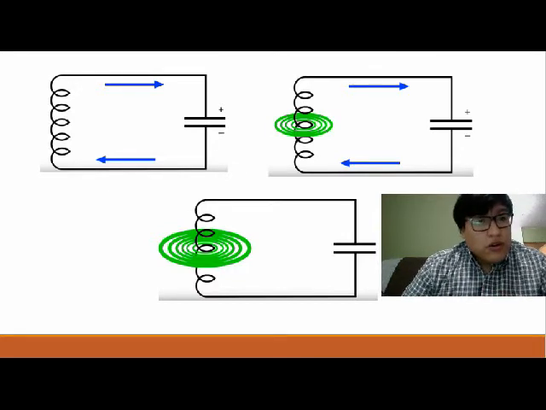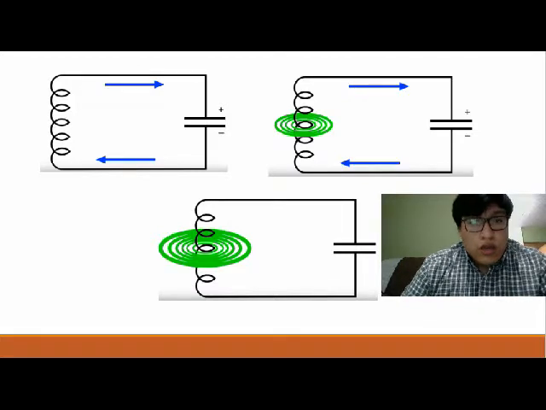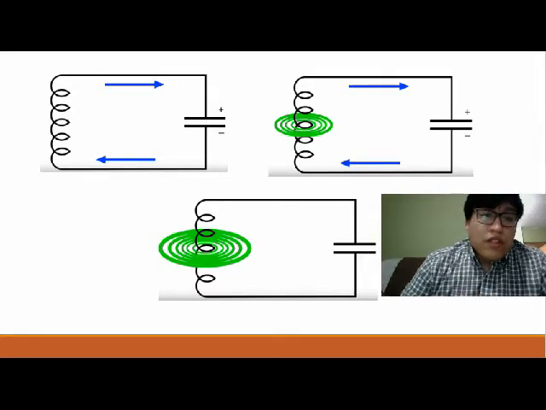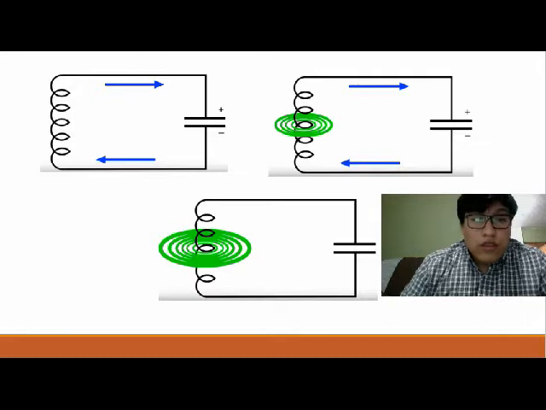Once the capacitor is done charging, it's going to discharge again through the coil, but like we said before, it's going to be polarized differently than at the beginning. So it's going to build a different magnetic field, with the opposite polarity than it was at first.